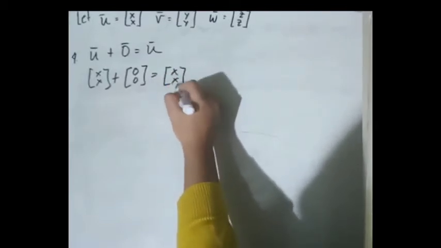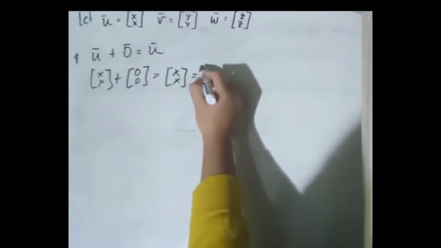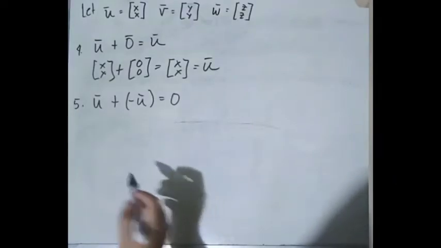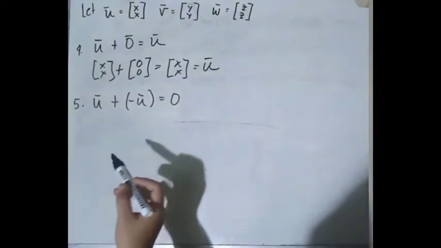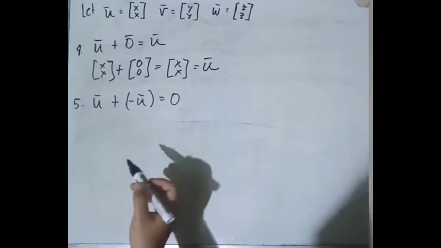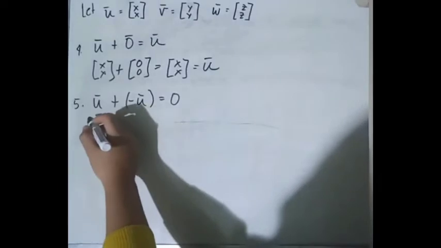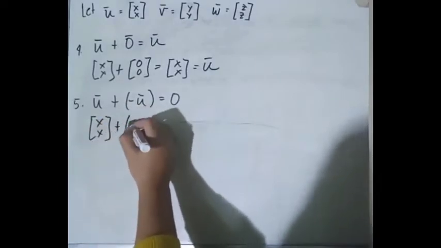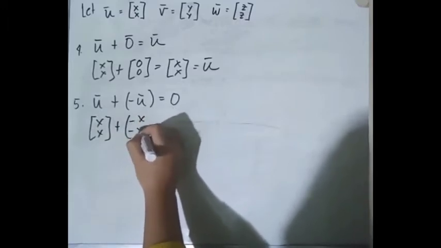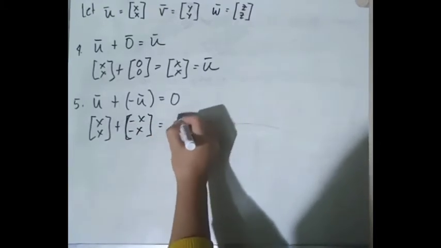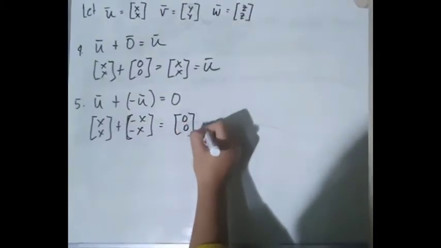So that means that is still (x, x), which is also vector U. Next property, if we're going to add a vector with its negative inverse, then the sum is 0. So let's say vector U, that is (x, x), plus (negative x, negative x), so that is (0, 0).